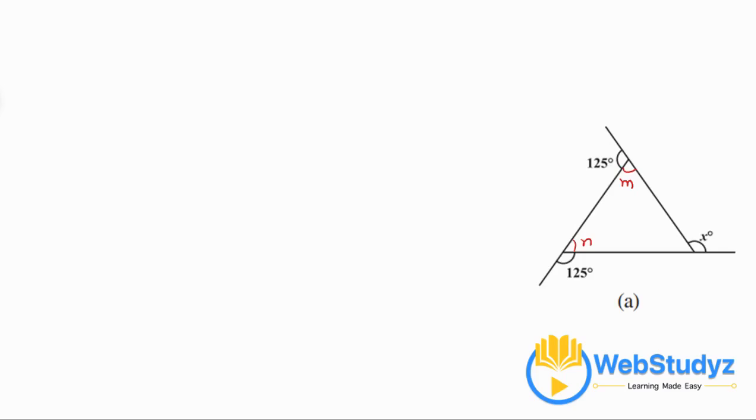Here in figure A, we have assumed two more angles named M and N. Now let's write down the equation for the triangle, that is 125 degree plus M should be 180 degree.